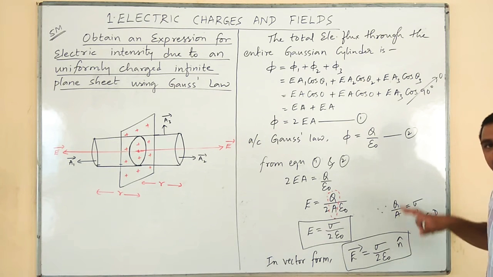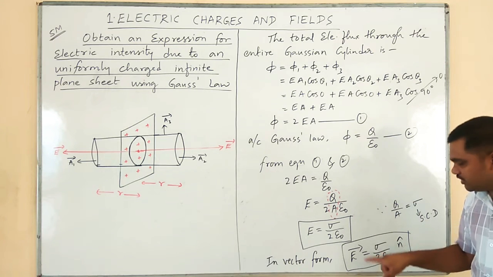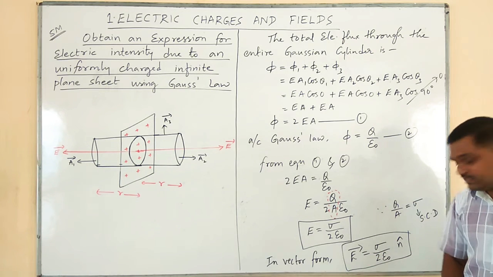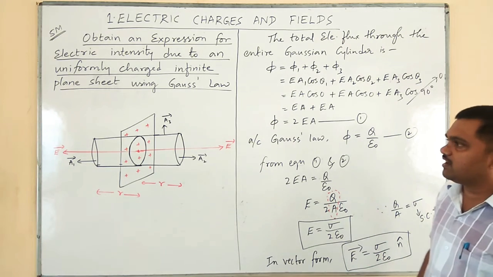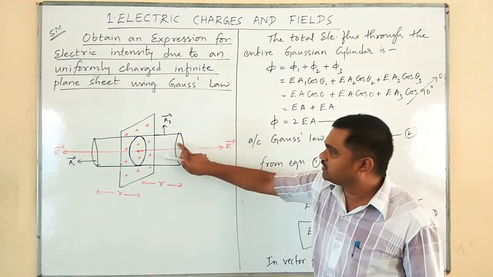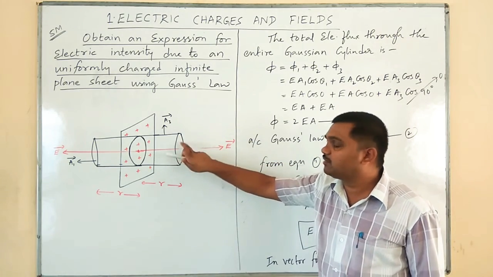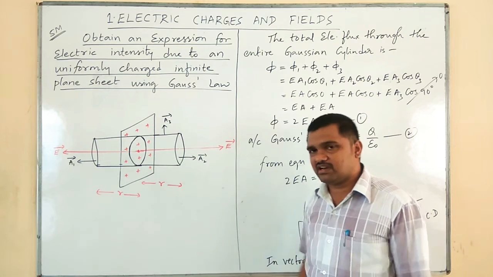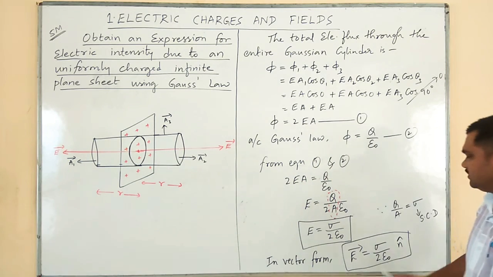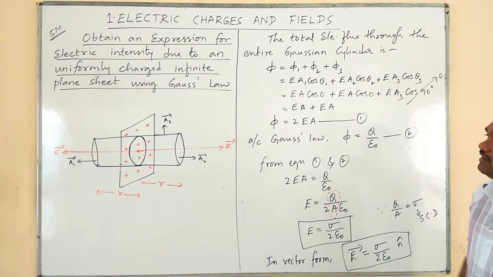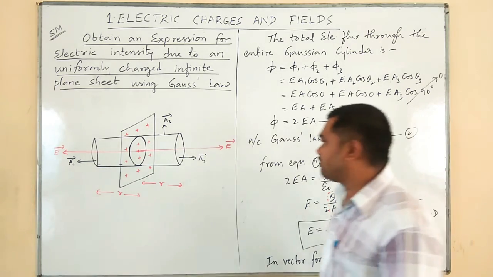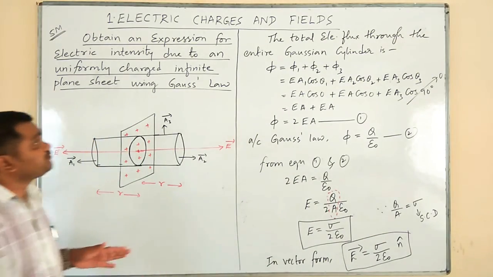N cap is the unit vector in the direction of E vector. Otherwise, n cap is the unit vector which is perpendicular to this flat surface or normal to the flat surface, either A1 or A2. Okay now? So this is the expression for electric intensity. Let me explain you once again briefly.